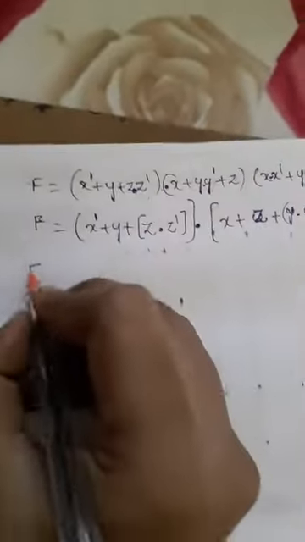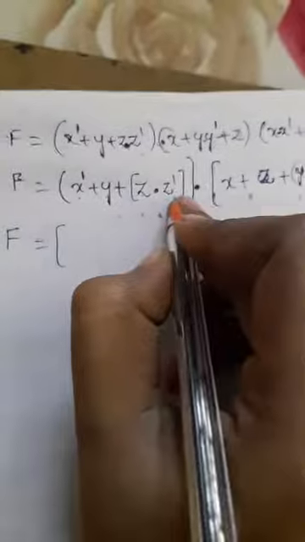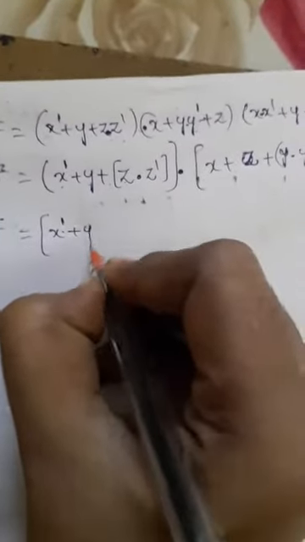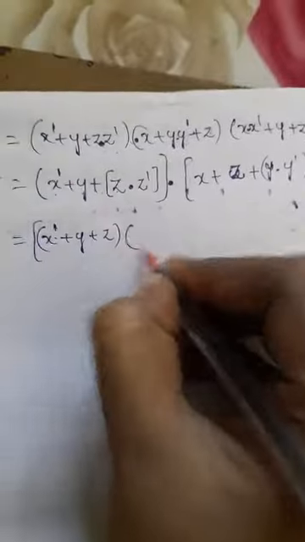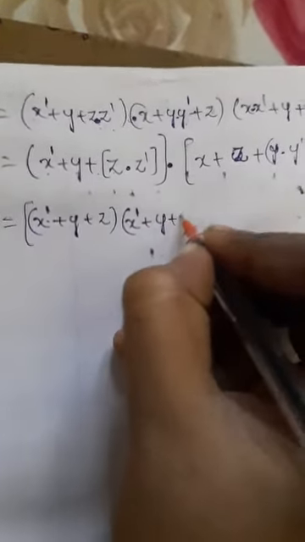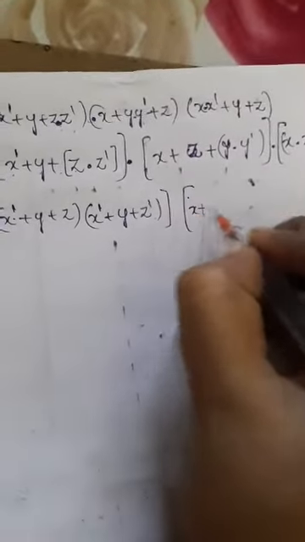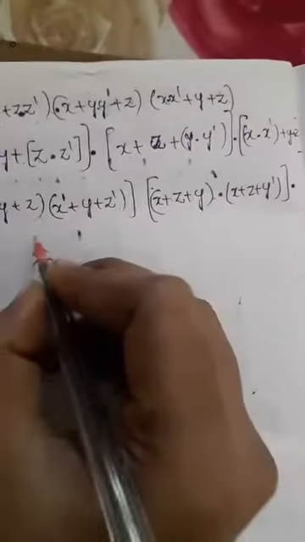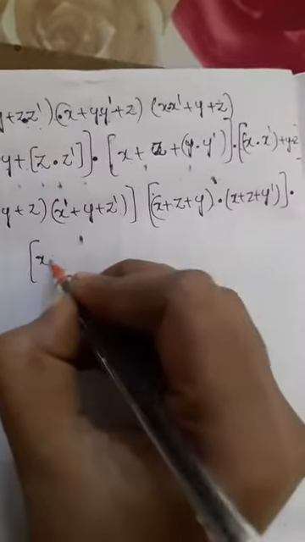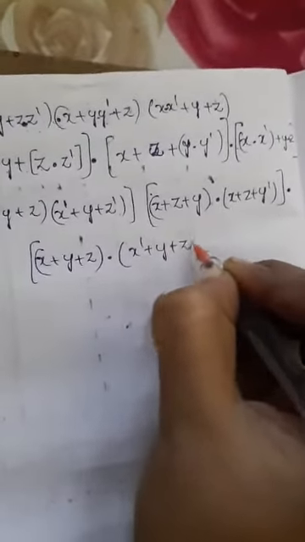I can rewrite this equation like this: x plus y plus z is one term, and the next one will have another term, x complement plus y plus z. By using the distributive law we can separate this: x complement plus y plus z complement. Now for the second term: x plus z plus y into x plus z plus y complement, into x plus y plus z into x complement plus y plus z.